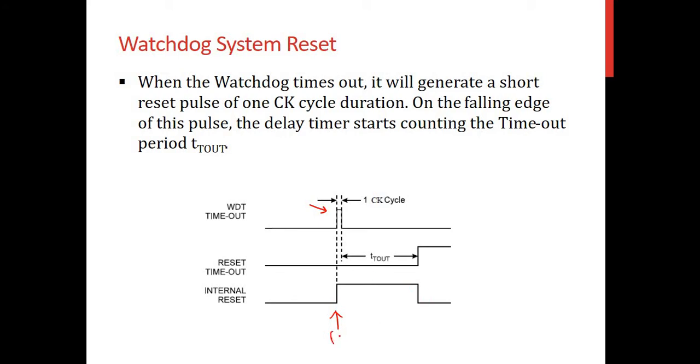And what do I do? I hold the reset pin for a T out period, which is basically the same as the timeout period for the watchdog timer to count from the highest value to 0. Once I finish the T out period, then I release the reset line so the controller can now start the reboot process.